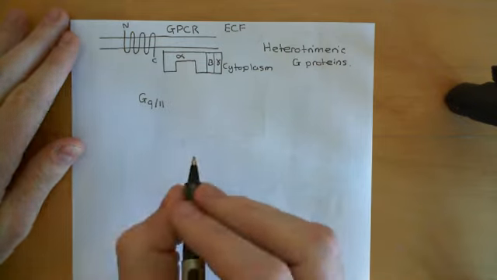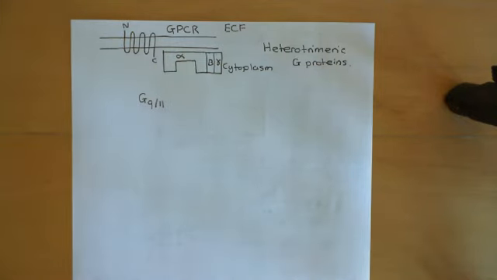Now, the alpha subunit is the subunit after which the entire heterotrimeric G-protein is named. We don't care about the beta and the gamma subunit. I should probably say before that statement that there are absolutely loads of different types of G-protein alpha subunits, G-protein beta subunits, and G-protein gamma subunits.